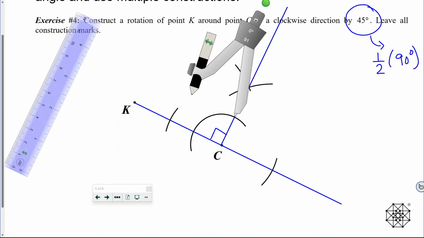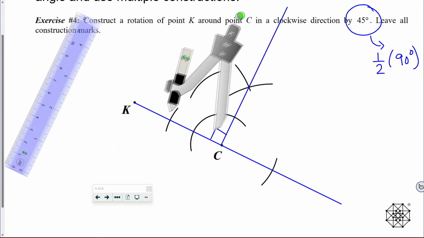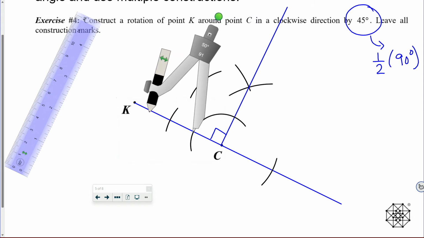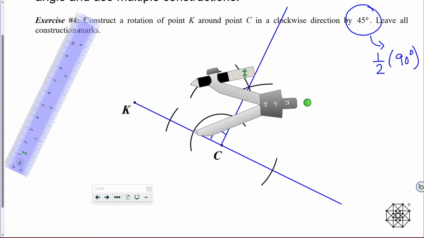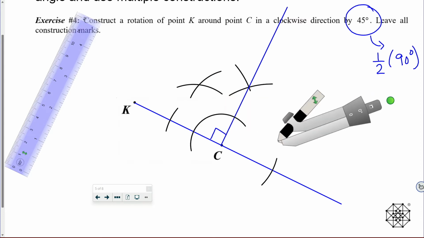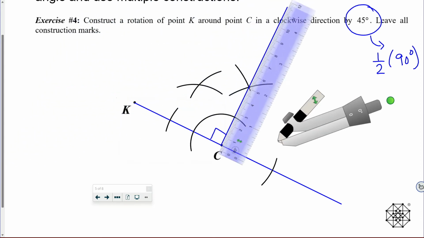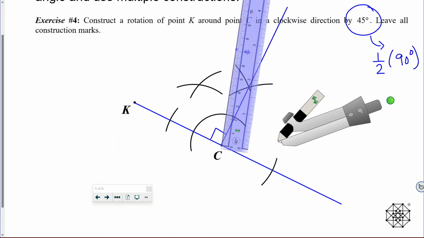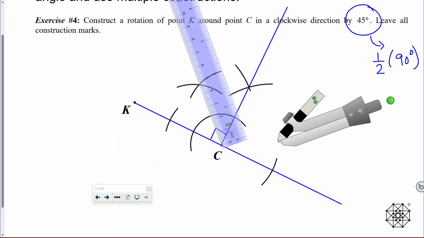I will then go up to one of the intersection points and draw another arc centered there, go to the other intersection point, there it is, and draw another arc, and then that X marks the spot. If I connect it with the vertex of the angle, there it is, then I will bisect my angle.